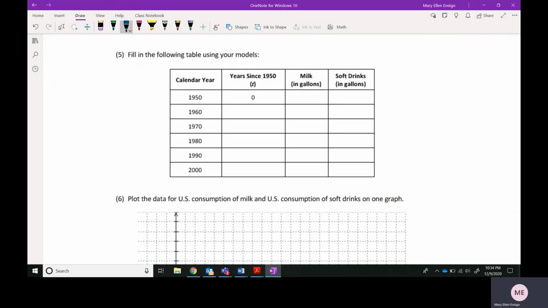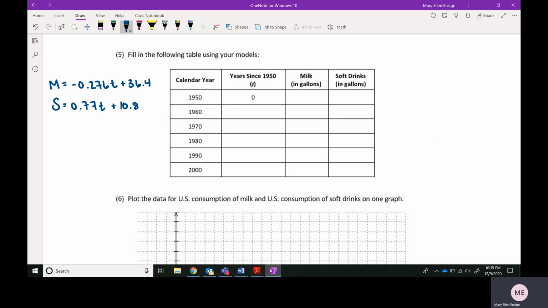All right, so I'm going to fill in this table using your models. So again, let me just write them over here. M equals negative 0.276 T plus 36.4, and soda is 0.77 T plus 10.8.